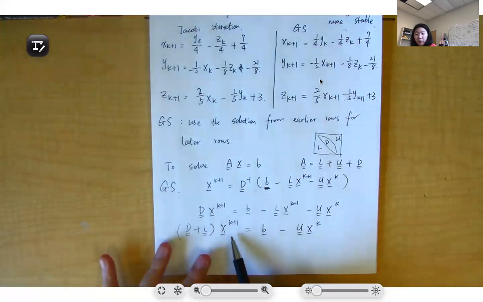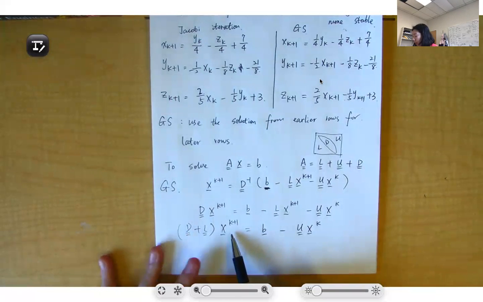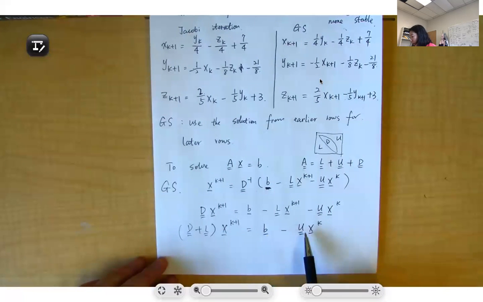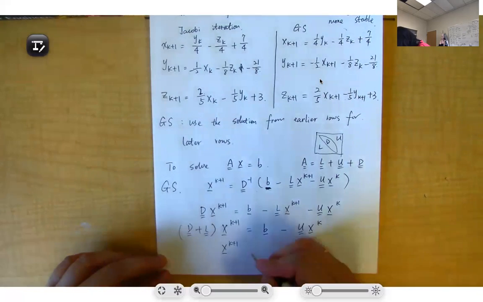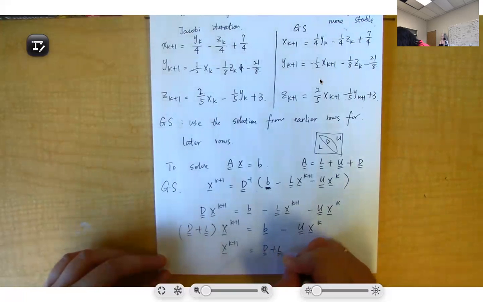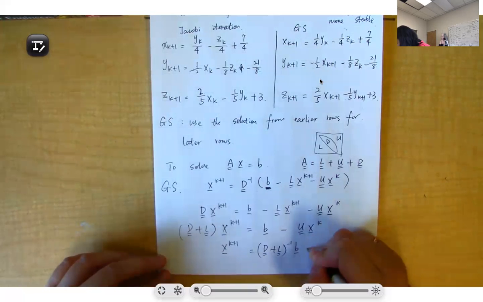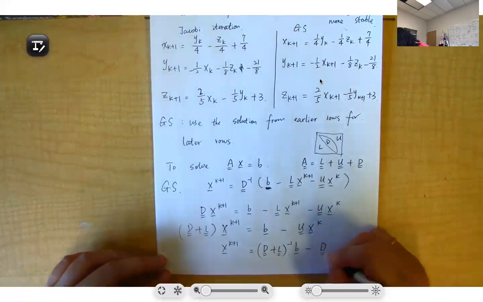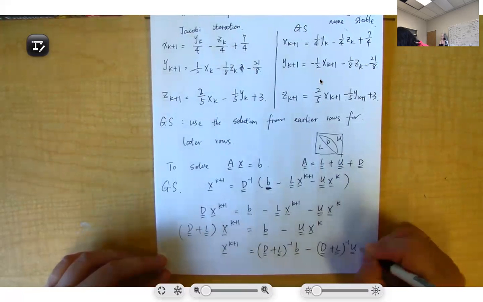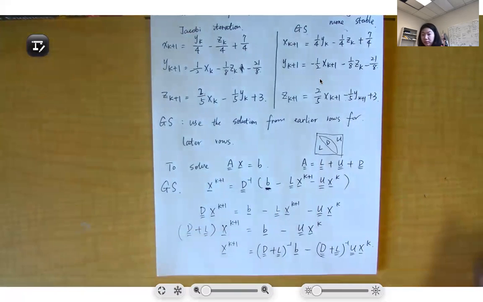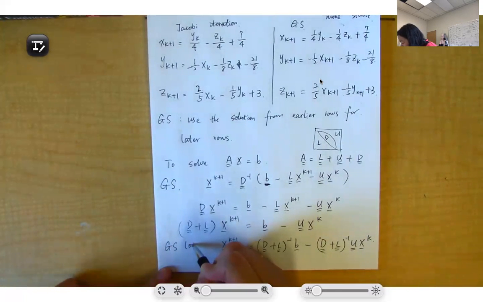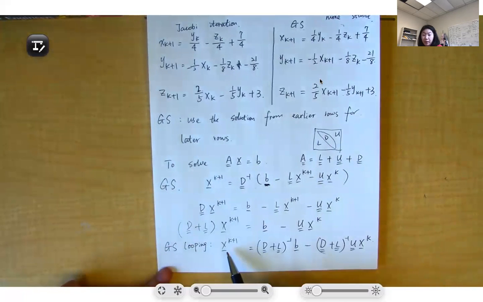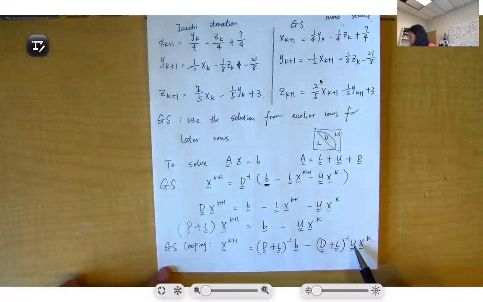You put all the components with x_{k+1} on the left, then the right part will be B minus U x_k. Then x_{k+1}, the current looping value, equals (D plus L) inverse B minus (D plus L) inverse U x_k. So this is the looping for the Gauss-Seidel: x_{k+1} equals (D plus L) inverse B minus (D plus L) inverse U x_k.